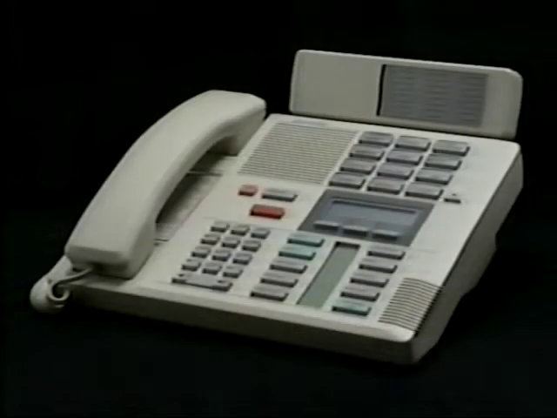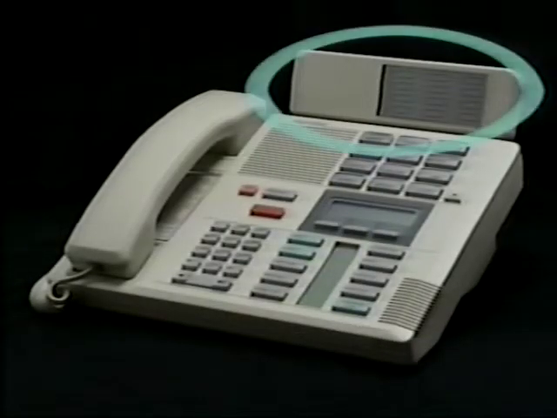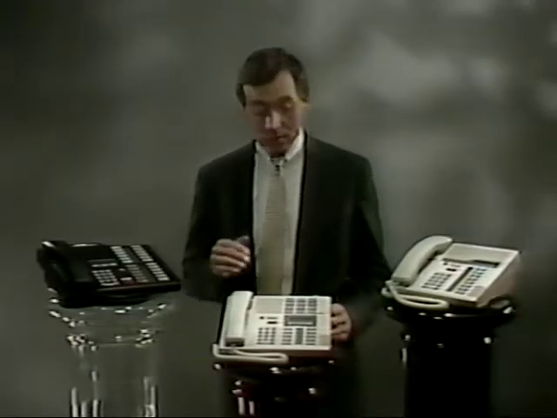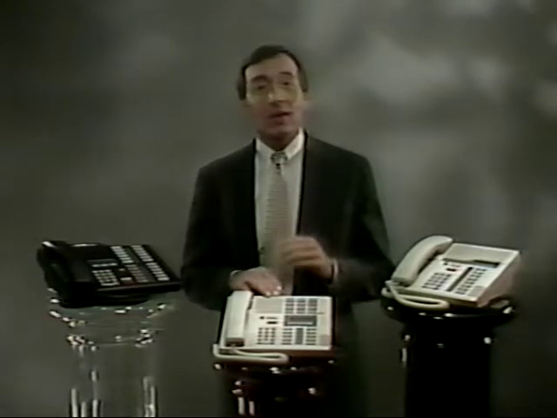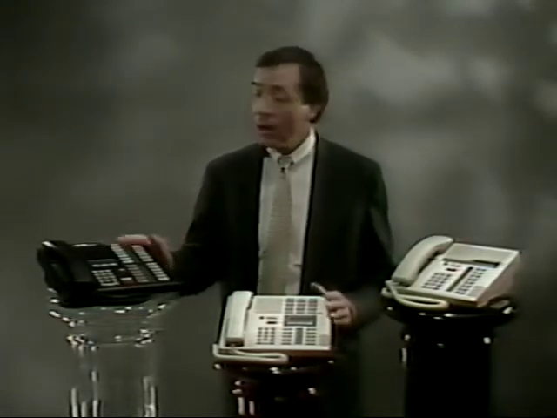Now, your M7310 may be equipped with an optional busy lamp field, which indicates what telephones in your system are in use. Well, now that we've found our way around the Norstar model M7310, let's take a look at the other two telephones.